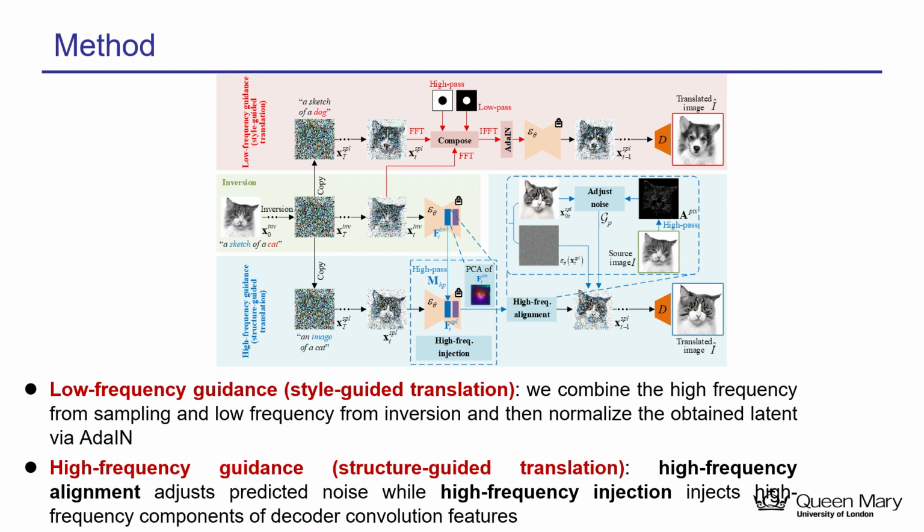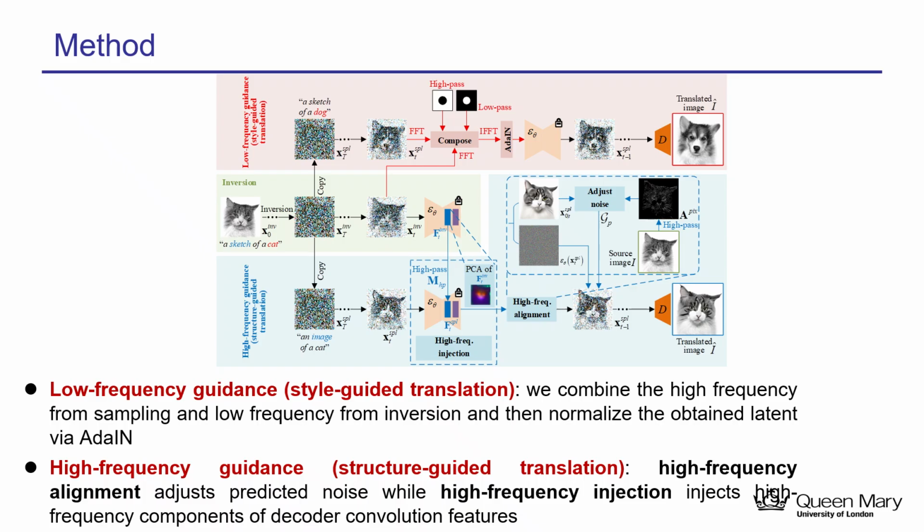So this is our framework, and there are three modules here. The first part is the inversion, which is used to preserve the source image information. Then for the low frequency guidance, to perform the cell-guided translation, first we perform high-pass filtering on the noise latent of the sampling. Then we perform low-pass filtering on the inversion.